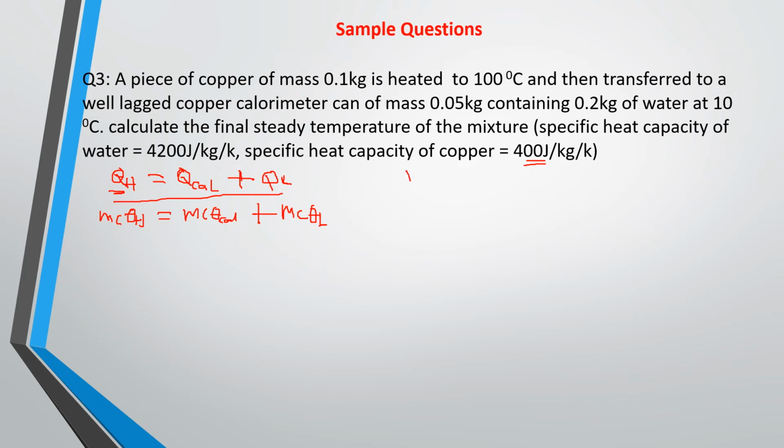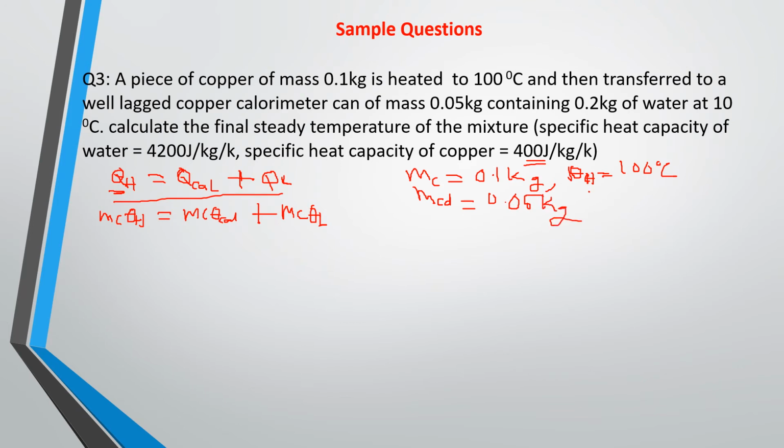One, the mass of copper, mc, is given to you to be 0.1 kg. The temperature of copper, for the hot object, the initial temperature is given to us to be 100 degrees centigrade. Mass of calorimeter, mcal, is 0.05 kg.